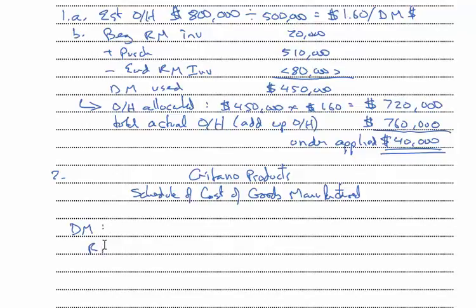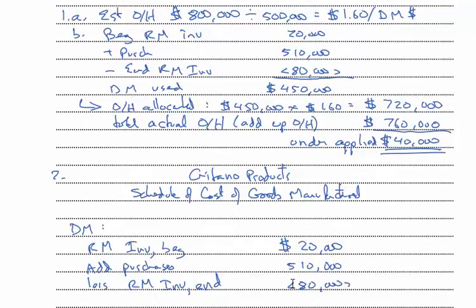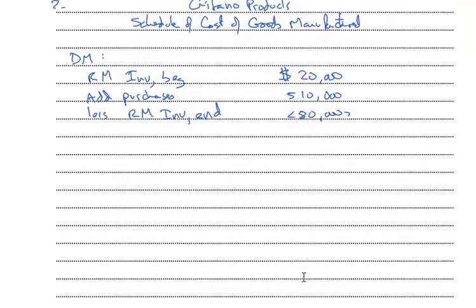So raw material inventory, beginning, add purchases, less raw material inventory, ending, $450,000.